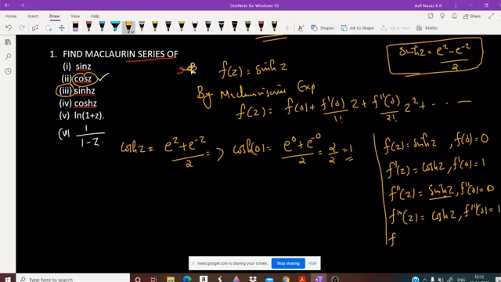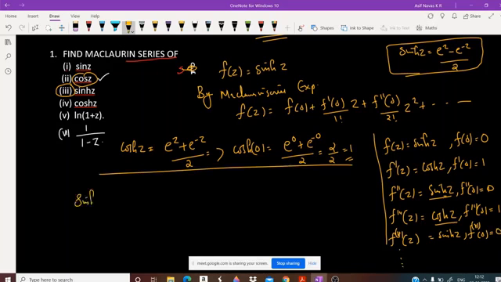Now similarly, the fourth derivative of f is the derivative of cos hz, which is sin hz. Then the fourth derivative at 0 is again 0. So we got a pattern, right? So what can we write?